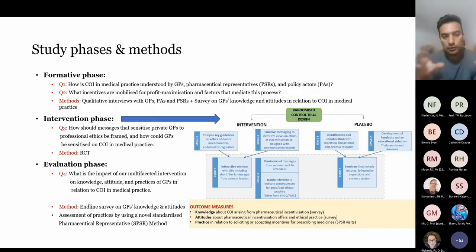We also took advantage of this phase in terms of co-developing an intervention to see what could work for GPs to adopt ethical practices.